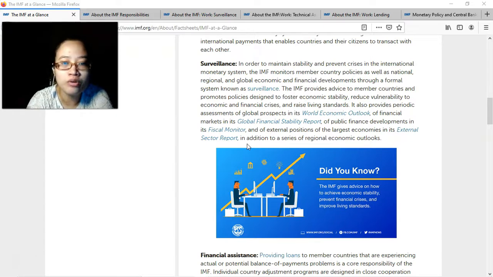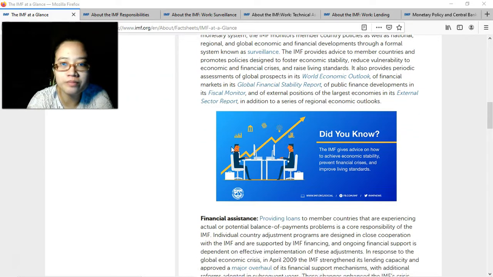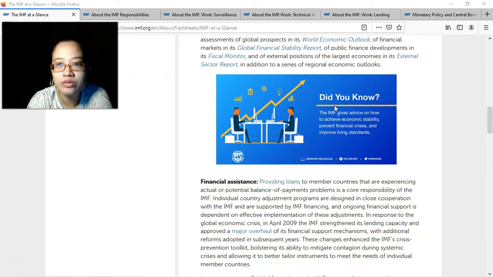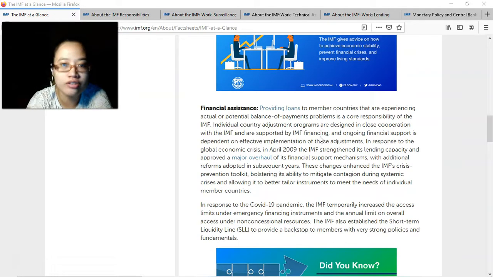But they are hopeful that those reports would provide insights into the situations of member countries or different economies, so that would help member countries in making better decisions and probably improve themselves, right? In addition to a series of regional economic outlooks. Did you know the IMF gives advice on how to achieve economic stability, prevent financial crisis, and improve living standards?